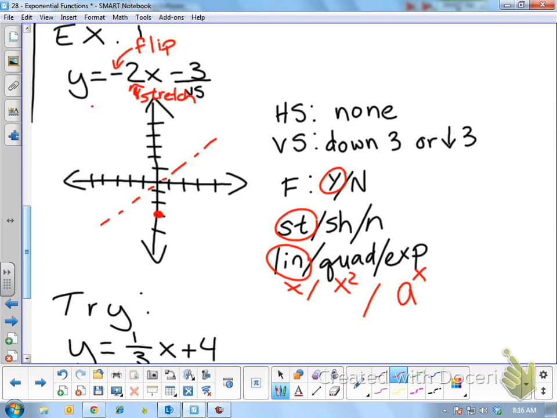And that'll be moving towards our new graph. So far all we've done is move it down 3. But we also said it has a stretch. It's going to move towards the y-axis, and it has a flip. It's going to move upside down. So if it stretched 2, we would go up 2 over 1, and it would look like this.